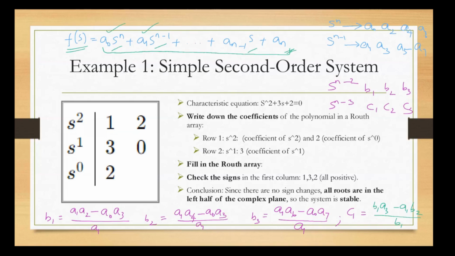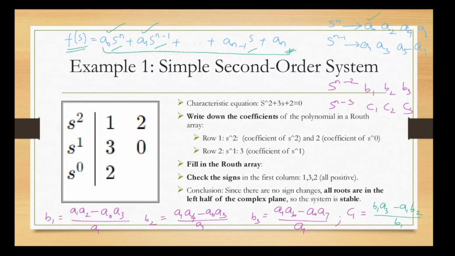If the characteristic equation is written in descending order of the s powers, then we can fill up the first two rows with the highest degree s^n and s^(n-1) as alternating terms of these coefficients.